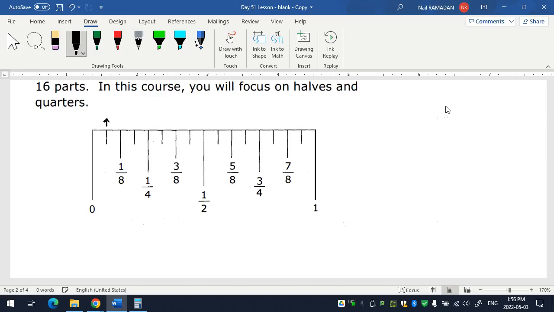One. So this is my 1 over what? One of the 16 I moved. How many here? Don't forget about the 1/8. How many divisions have you moved so far? 2/16.